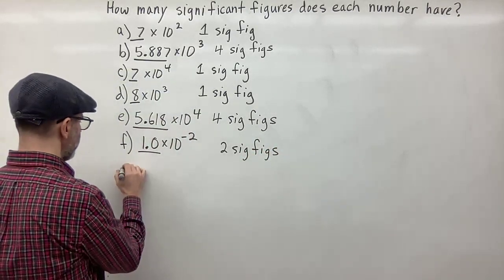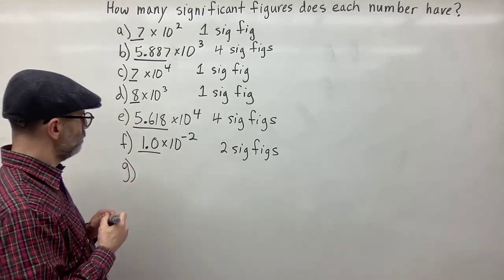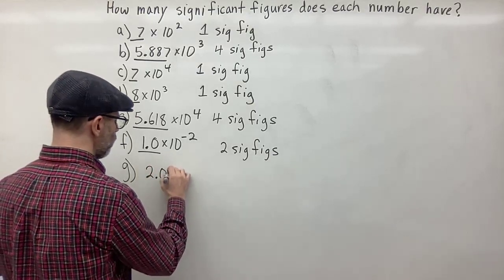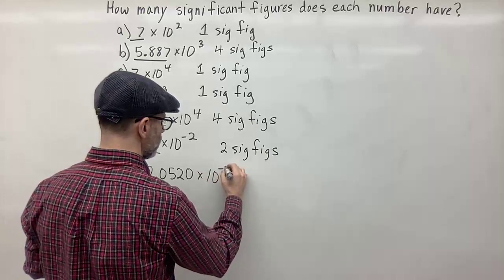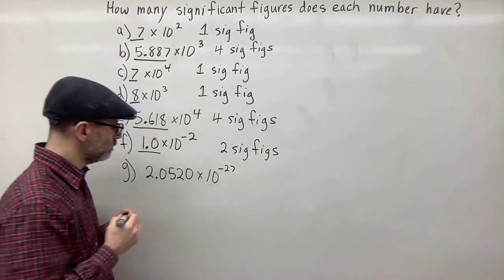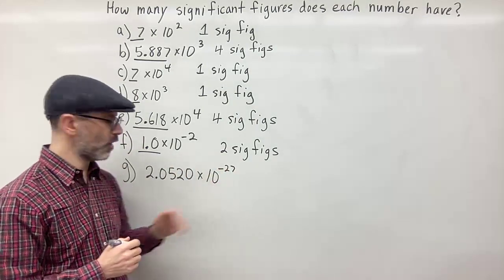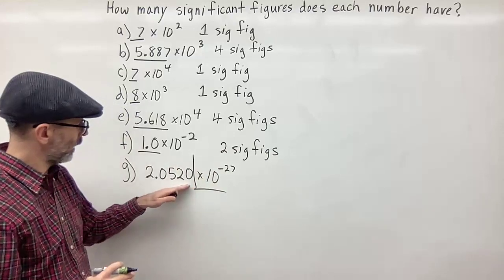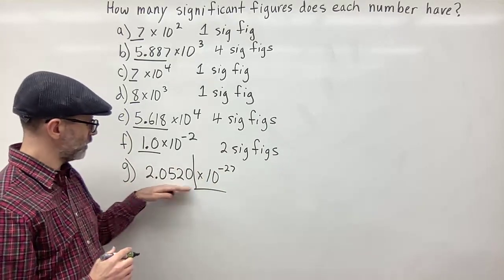Okay, what if I have my next one? Let's say I have 2.0520 times 10 to the negative 27. Again, it doesn't matter as far as sig figs. I don't care about this part. All I care about is whatever this number is and the number of digits.